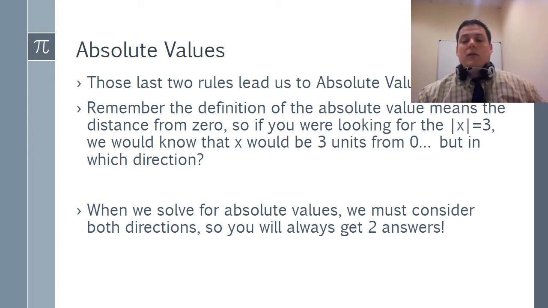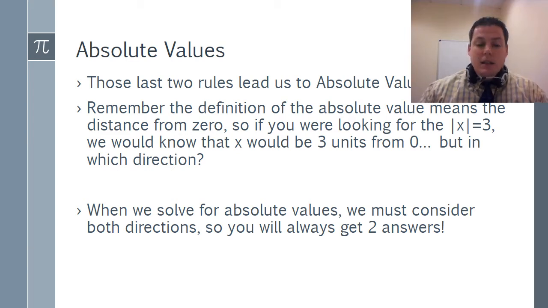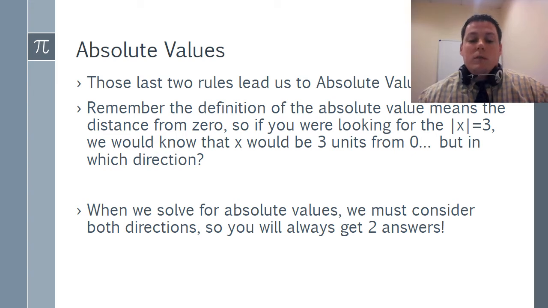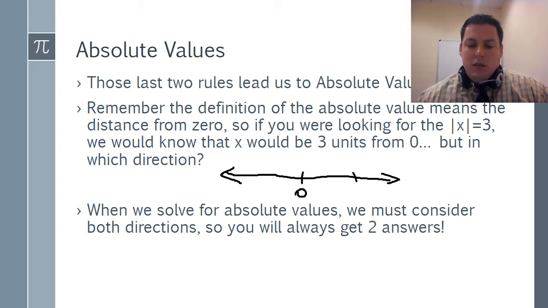So if we're looking for the absolute value of x is equal to 3, we would know that x would be 3 units from 0. But in which direction? So we know 3 units from 0 on a number line. If this was 0, could be 3, or it could be -3, depending on which way we count.